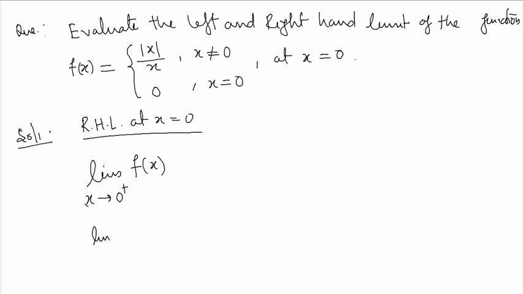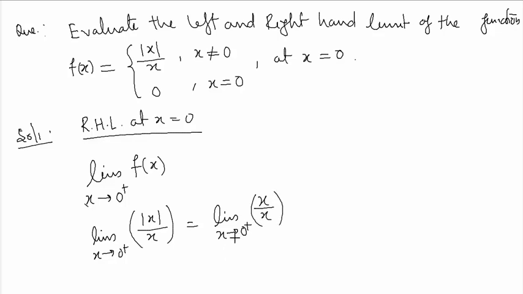So limit x tending to 0 plus f(x) will be replaced by mod x upon x. Now again, as x is more than 0, mod x will be replaced by x. So this can be written as limit x tends to 0 plus x upon x.